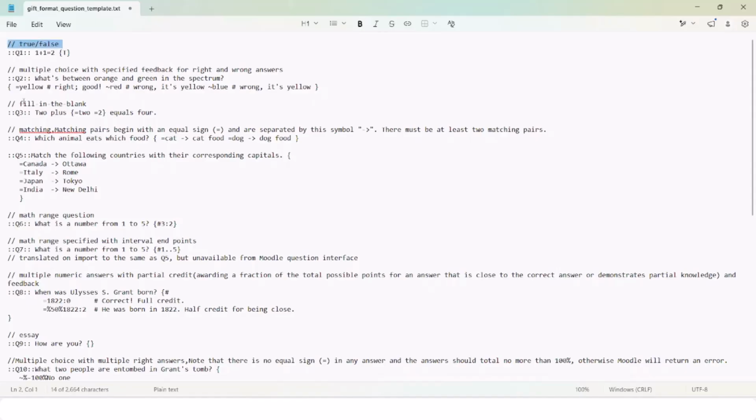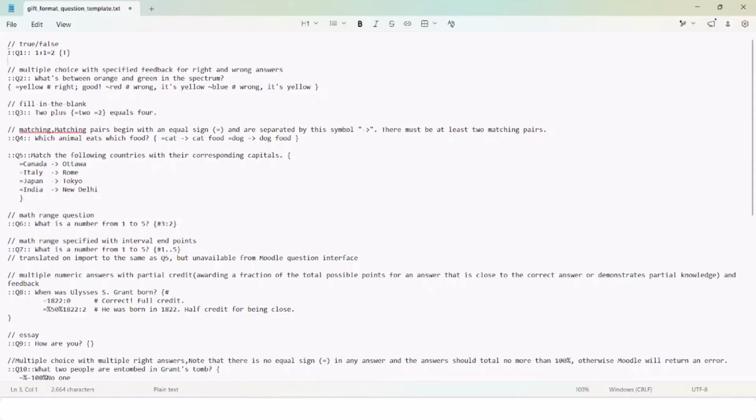If you want to comment on a question, for example when you're creating a database of your questions, you can add a reminder so that in the future you may want to revise the question. In my document, anytime you see the double forward slashes, this is just a comment. It is not interpreted by Moodle when you upload the questions in the question bank.